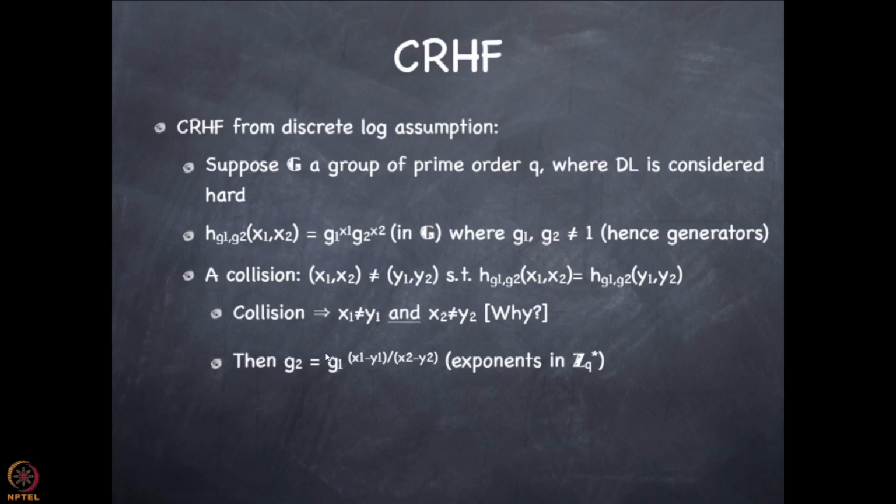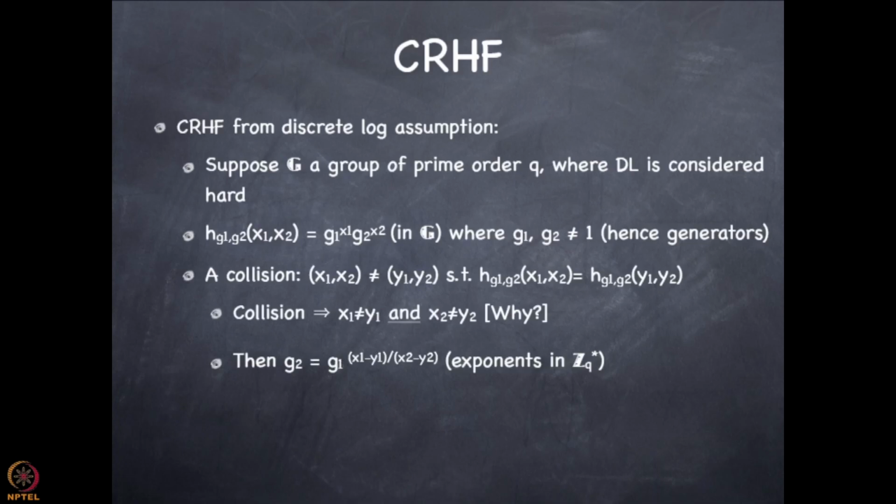Then I have this expression g2 equals g1 to the power something, and this something is something I can compute: x1 minus y1 divided by x2 minus y2, everything modulo q. So by giving me this collision, the adversary has given me the discrete log of g2 to the base g1. Okay.